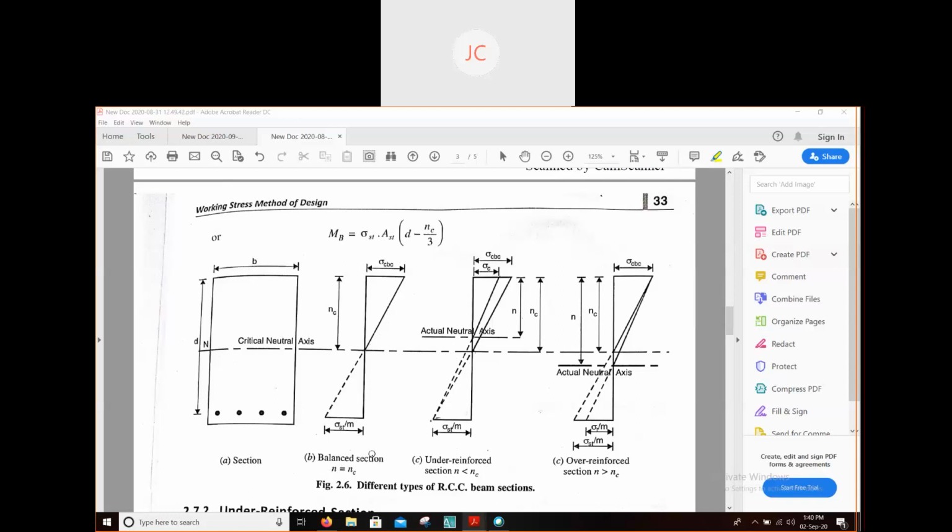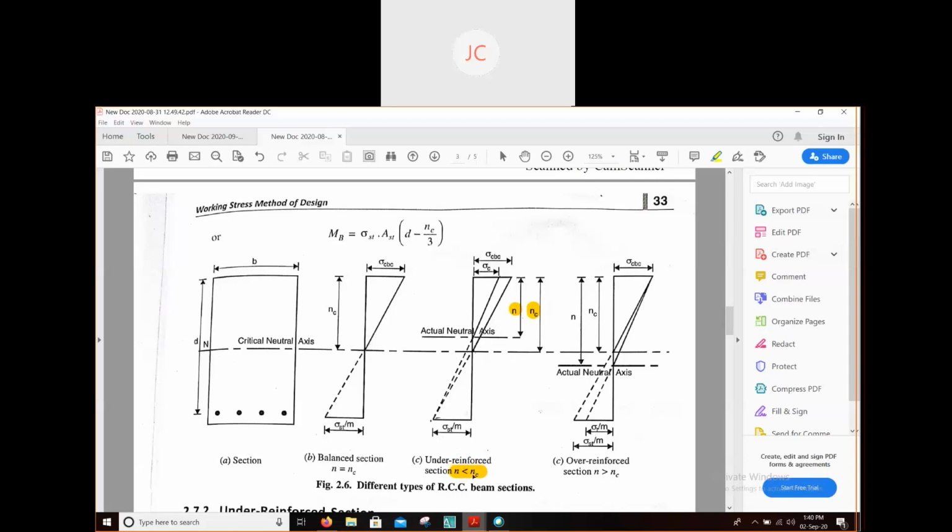Both lie at the same point. But for an under reinforced section, the actual neutral axis will shift upwards. So in that case, the n value, that means the actual neutral axis value, will be less than the critical neutral axis. You have to remember this condition.